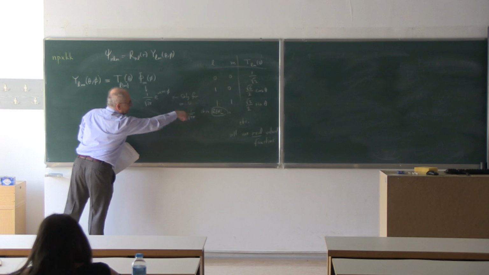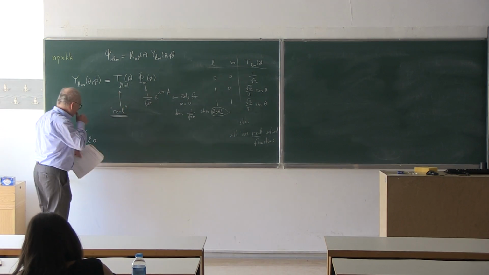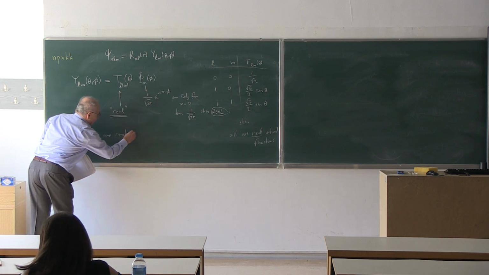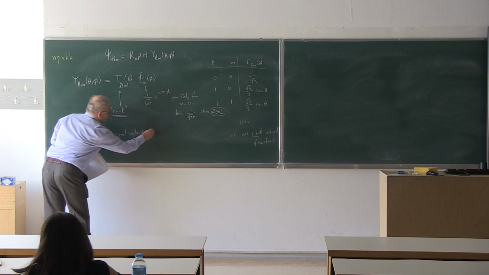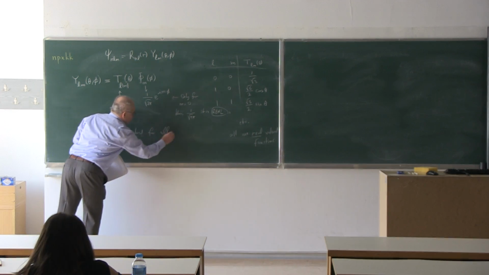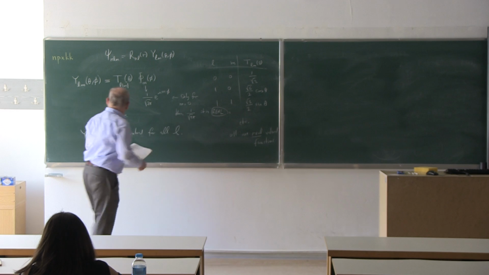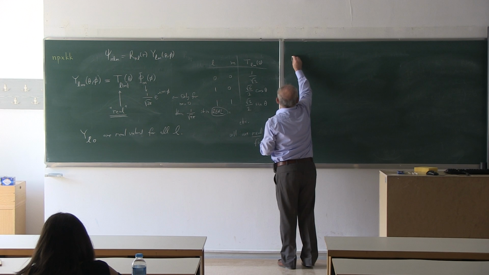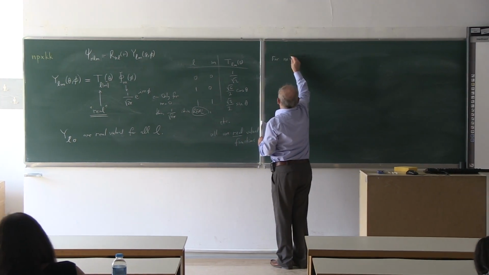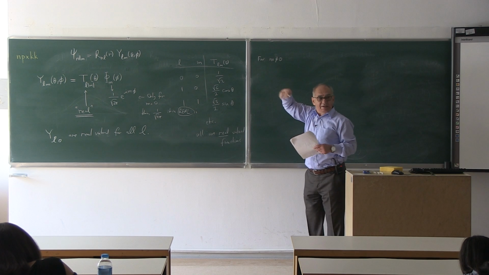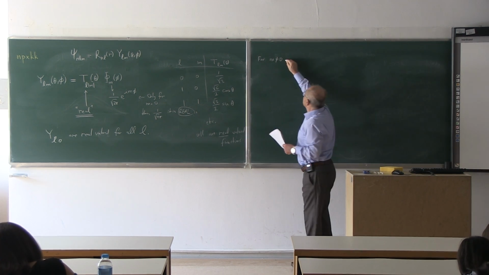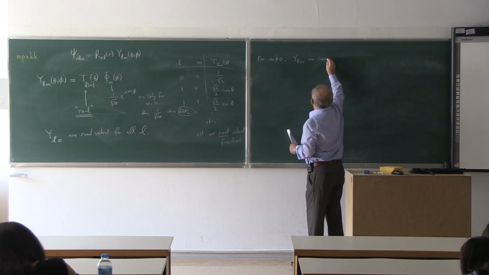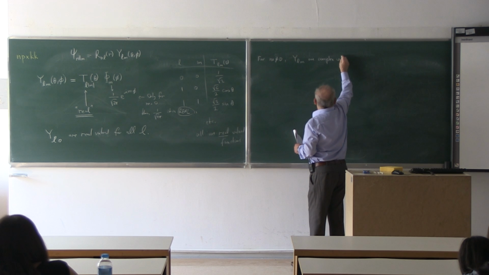Then it will become just a real number there. Y l 0 are real valued for all l. On the other hand, for m not equal to 0, a non-zero value for m, Y lm are complex valued.